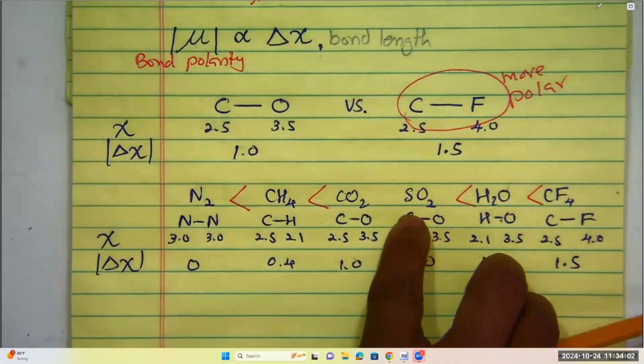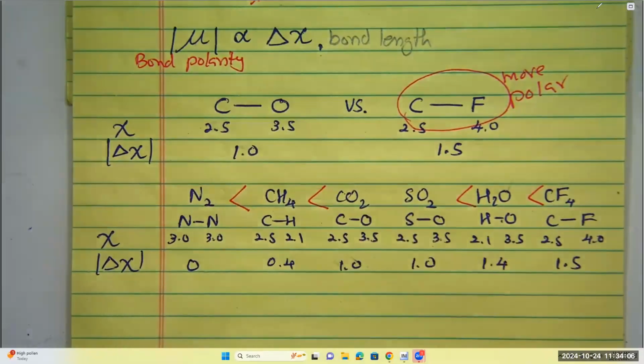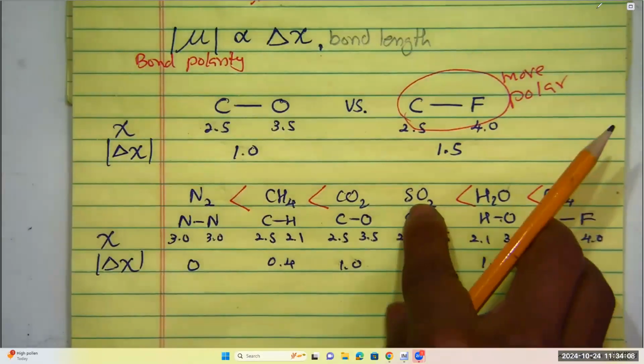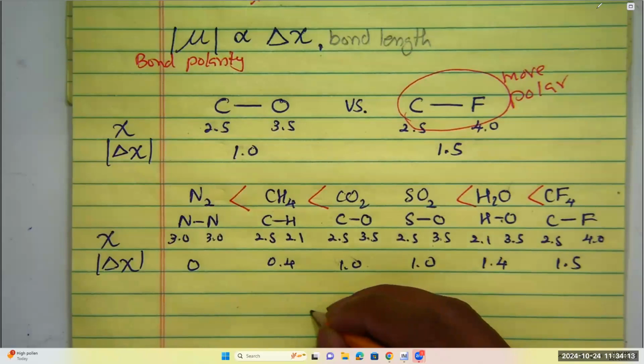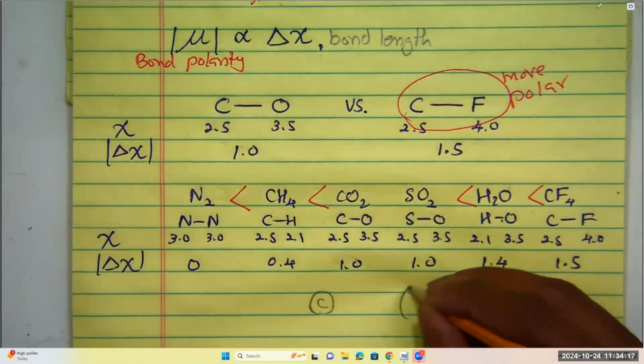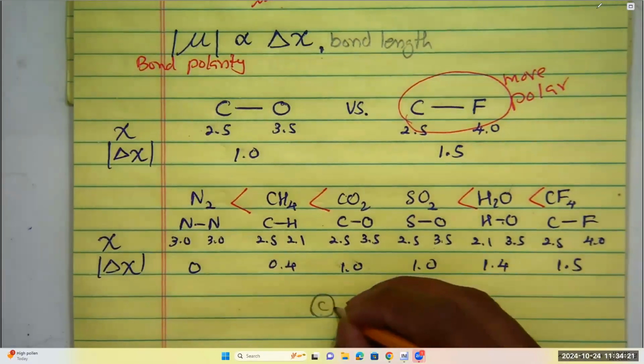So sulfur is in the third period, carbon is in the second period. Because you have more shells in sulfur, sulfur is a large atom. So if this is my carbon, sulfur is this much. Oxygen is the same in both cases.